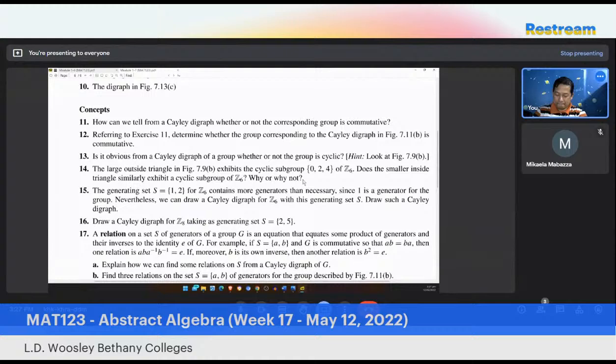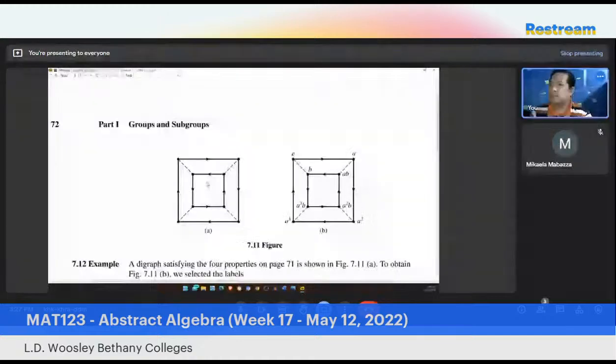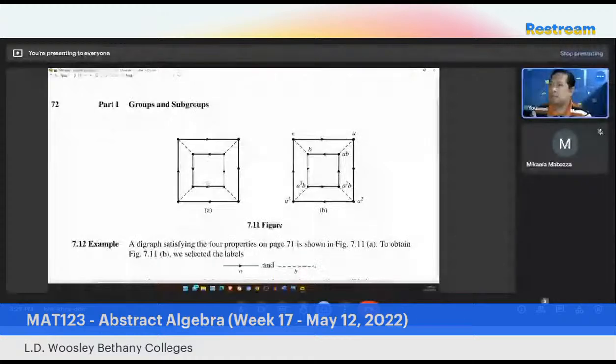So meron reference dito figures 7, 11, no? Is commutative, no? Determine whether the group corresponds to the figure 7. Let's look at figure 7, 11. So, ito yung ano natin. Okay, what you see about diagram?